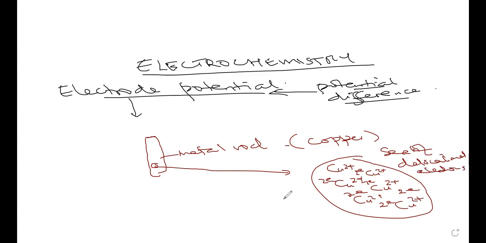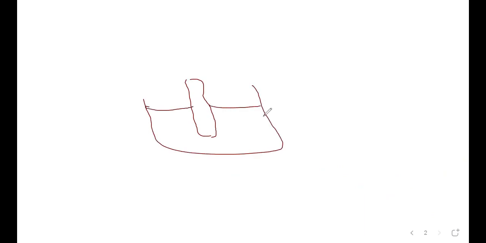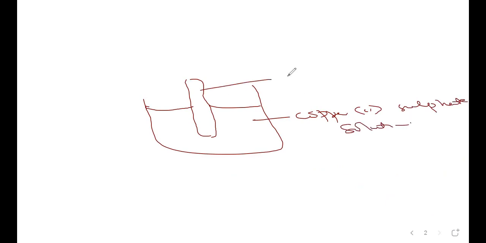Now, when you dip this metal rod in a solution of its ions, let's assume you've dipped it in a solution of copper 2 sulfate, and the metal rod is copper metal, some of the cations I've talked about dissolve. Some of the cations tend to dissolve in that solution.